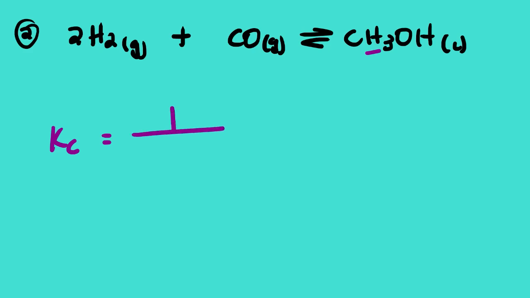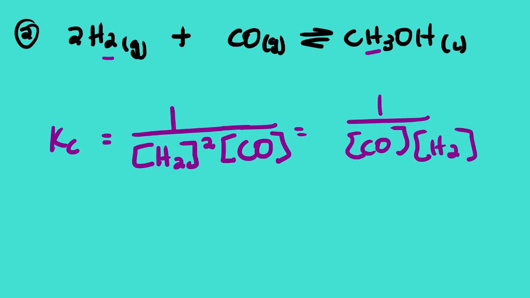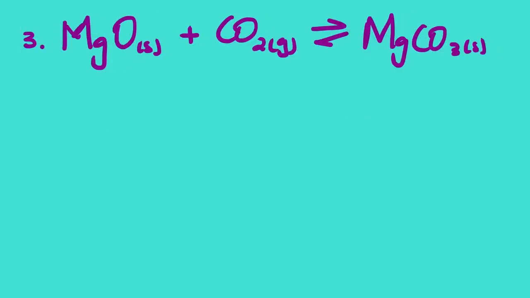Instead we're going to put 1 over, then we can see that the first substance that will take part is this hydrogen, so H2 squared multiplied by CO. Even if you write it this way, it's still fine. I hope you got this one correct.